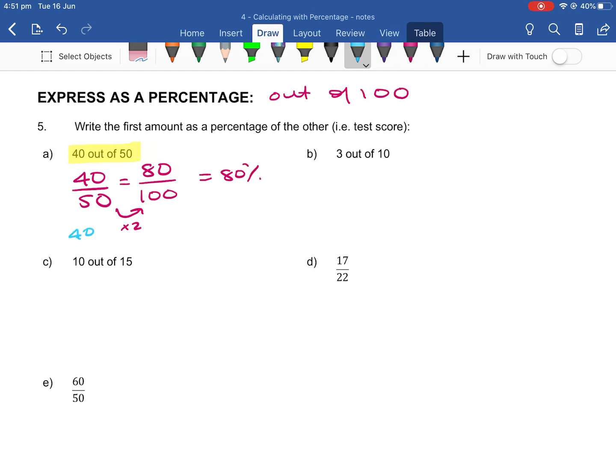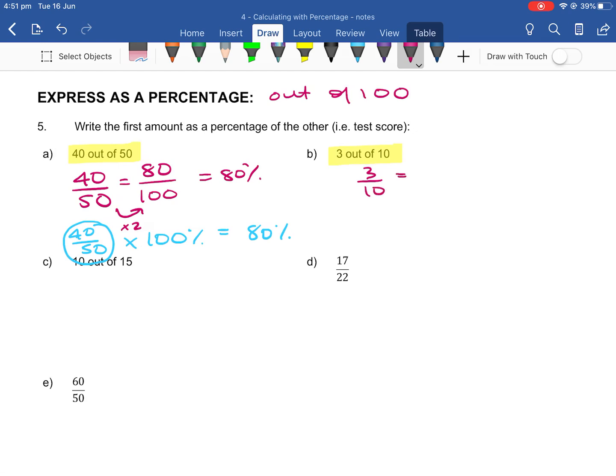But essentially what we're doing here is saying 40 out of 50, which we know is less than 1, so it's less than 100%. We want that part or that fraction of 100%, which means times 100, and that will give us 80%. Let's work out if we scored 3 out of 10.